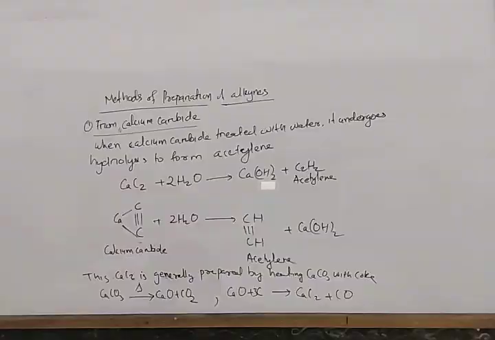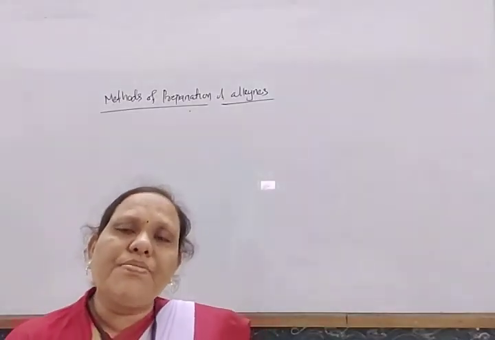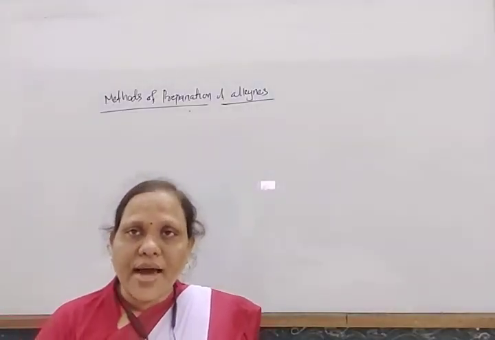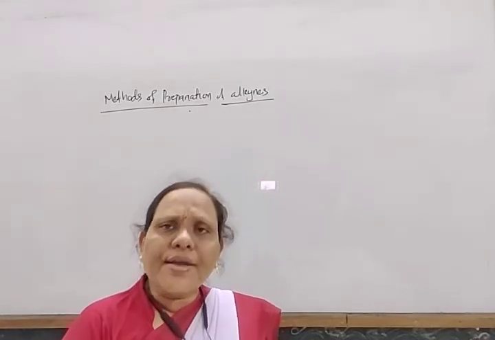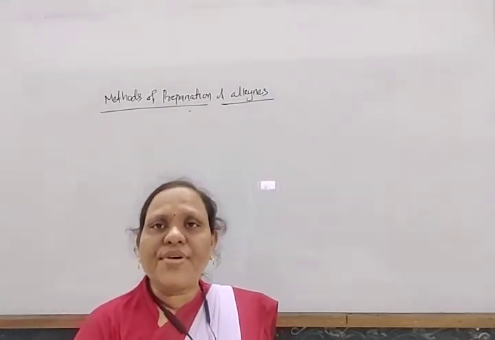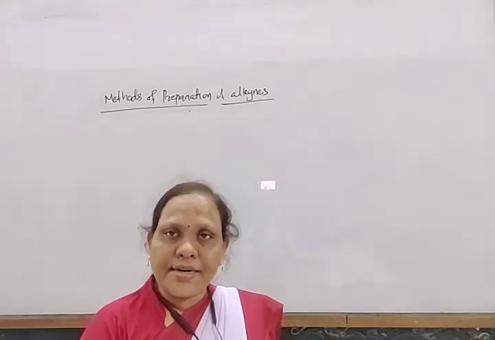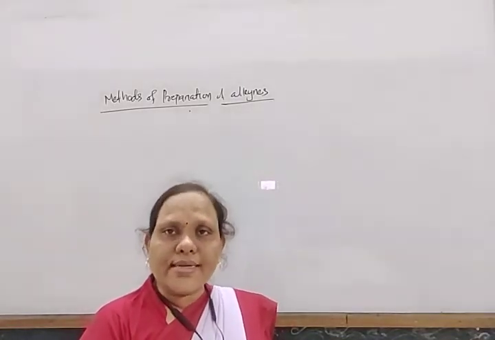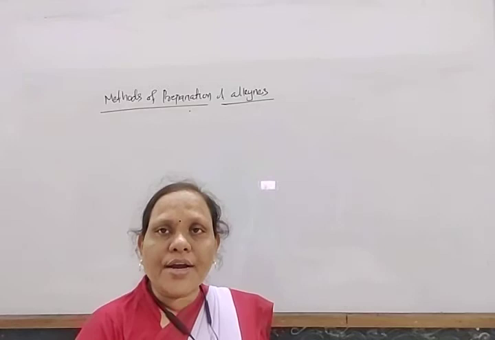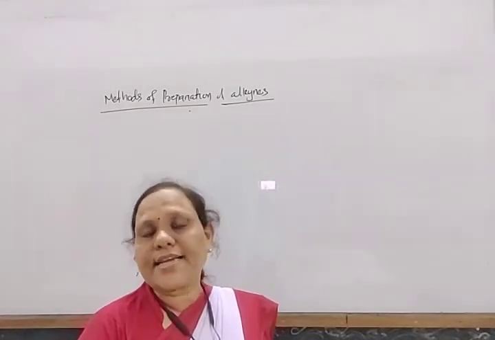So note down this. Next come to preparation of higher alkynes. Higher alkynes can be prepared from acetylene. First acetylene is treated with sodamide in liquid ammonia at 196 Kelvin.